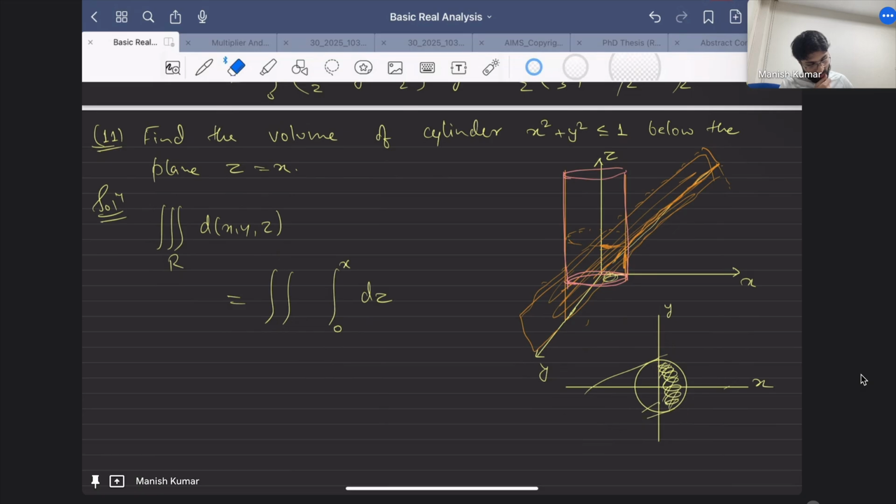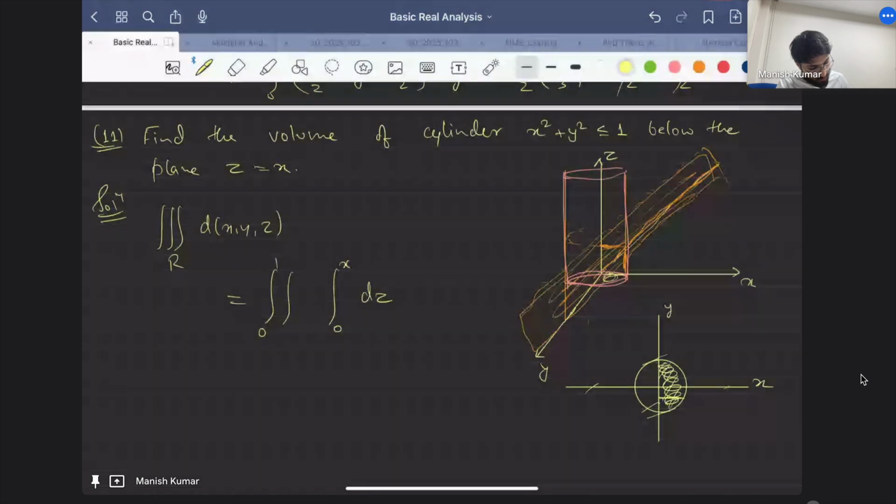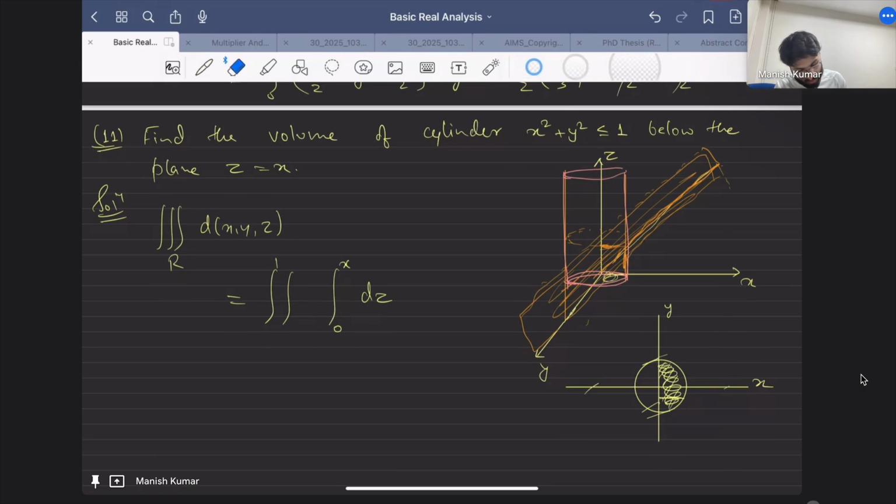So x is, let's say, varying from 0 to 1, and y, okay, should I write it with y? Yes, let's write it with y. So y is varying from -1 to 1, correct? And at the same time x is varying from 0 to root of 1 minus y square.